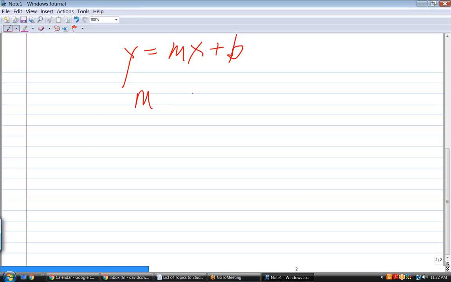How is slope defined verbally? Rise over run. That's what I want you to remember forever. Because if you remember this, you can always come up with, well, what's the rise? The rise is the y value, the y differential.